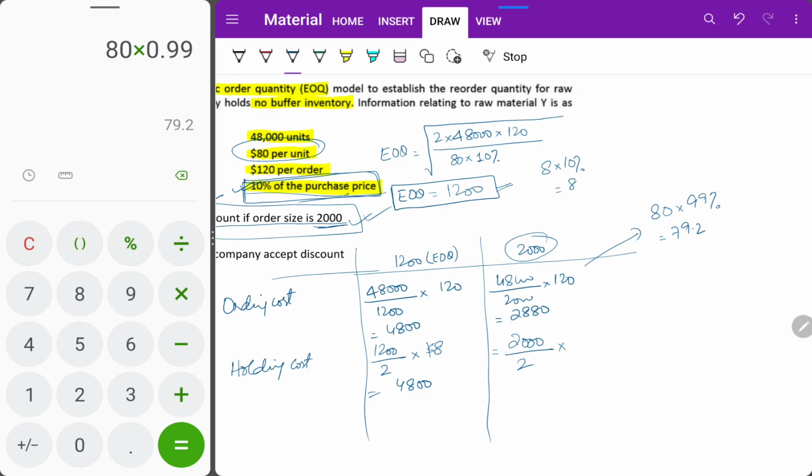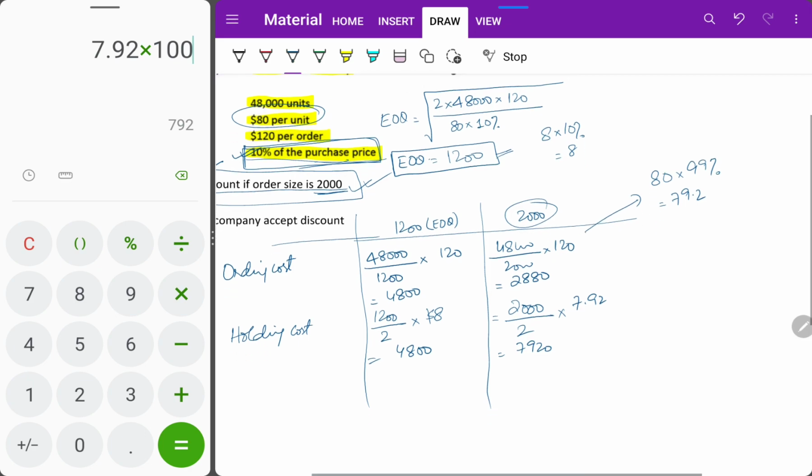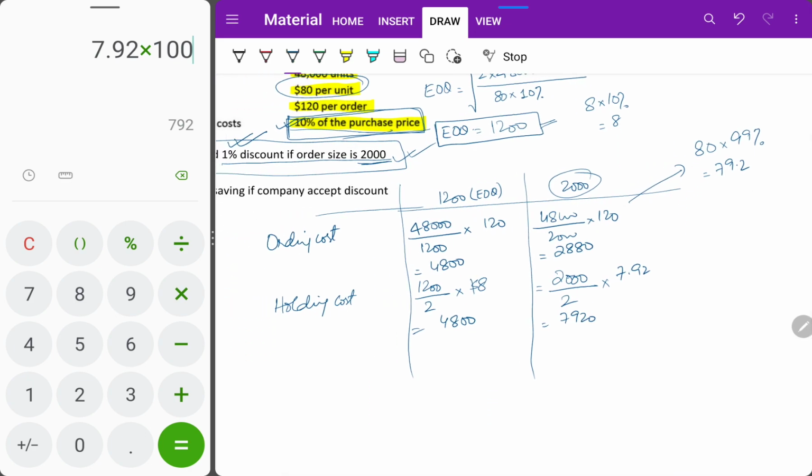So this is your net price of raw material. And holding cost is 10% of purchase price, so its 10% is 7.92. So 7.92 times 1000 is obviously 7920, right? So this is the ordering cost and holding cost. And if you want to calculate the total cost, okay, fine.